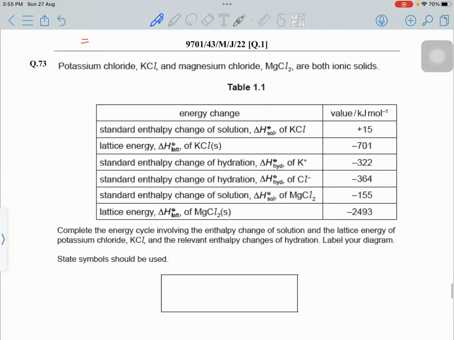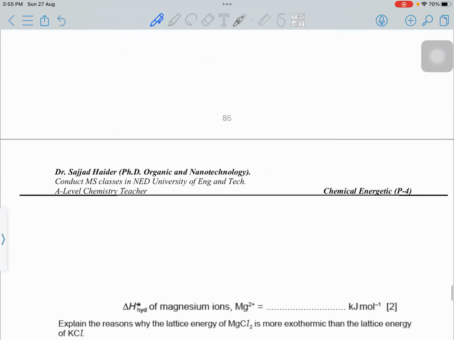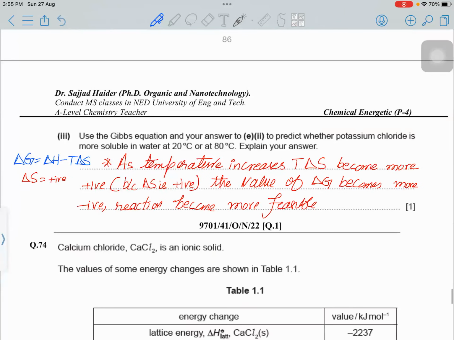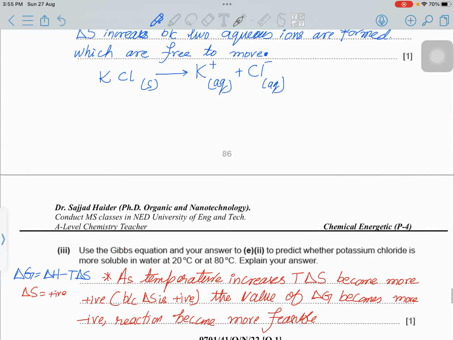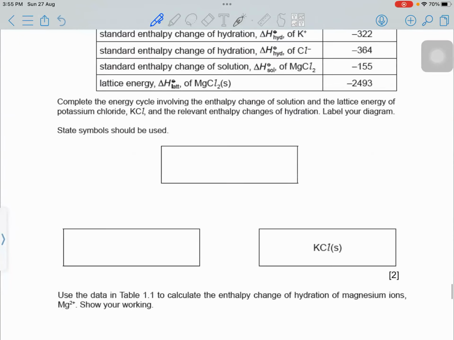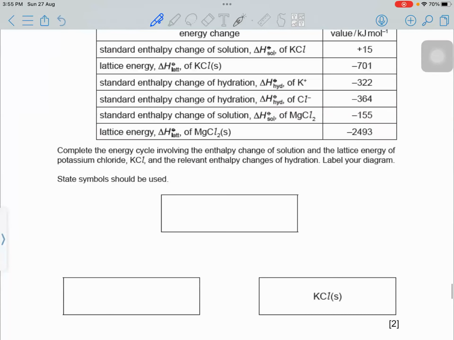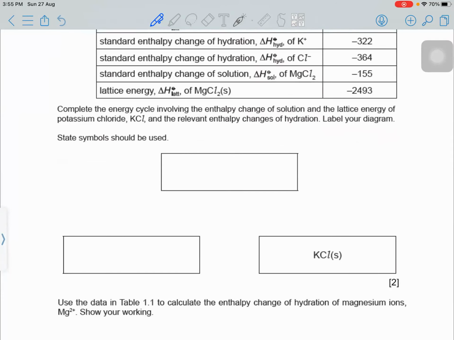Now, next question. This question is from 2022 October variant 41. Complete the energy cycle involving the enthalpy change of solution and the lattice energy of potassium chloride. Now here you have potassium chloride solid, right?